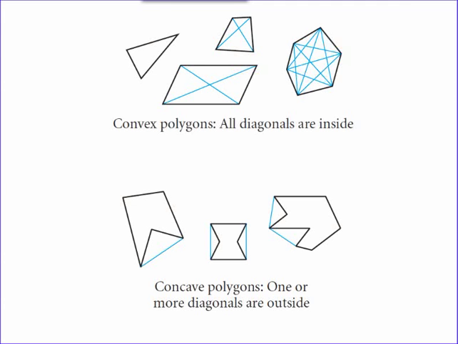Okay, so if you draw all the diagonals in on those convex polygons, they're all going to be on the inside. Now, if you look at the concave polygons, if you draw diagonals, you've got one or more of them outside. So that's a formal definition of a convex and a concave.